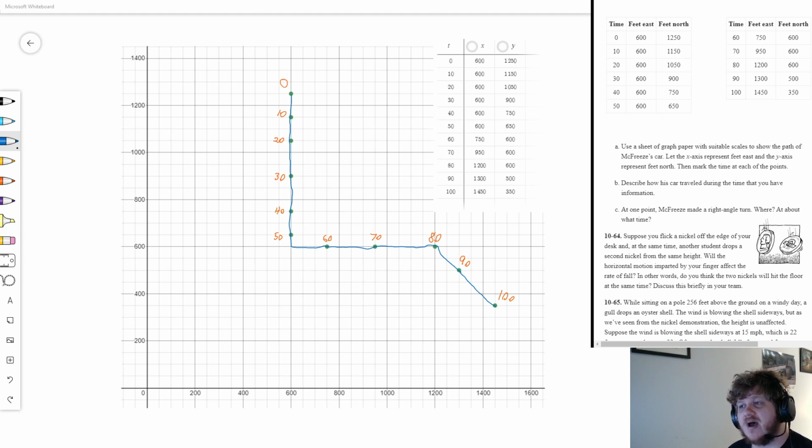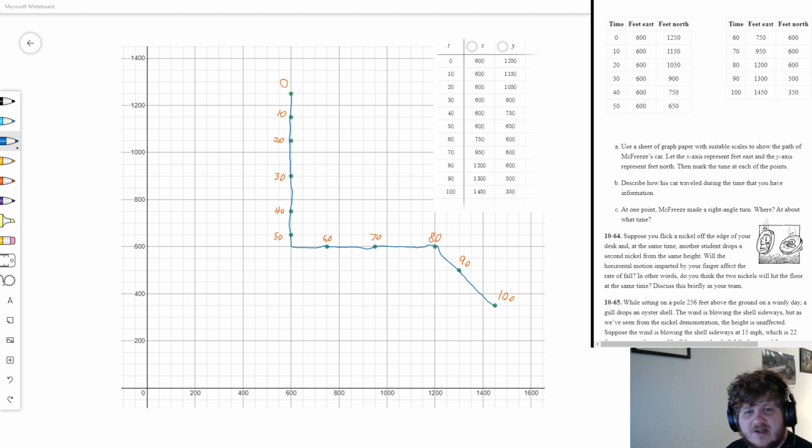So, in my mind, if we look at this, we start out, and it looks like we're heading straight south. Evil McFreeze traveled straight south, and then he went due east. And then at some point he went southeast. So, straight down, straight to the right, and then southeast.